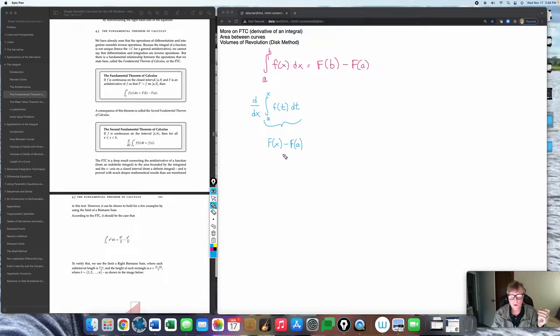All right. So what happens if we were to take the derivative of that, right? Well, we know that the derivative of any constant is 0, and the derivative of the antiderivative is just the function that we started with, but now it has x in it.